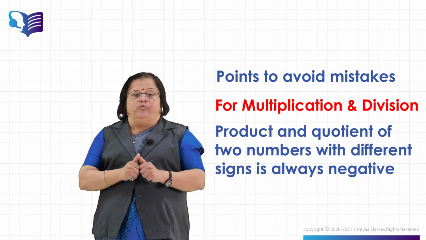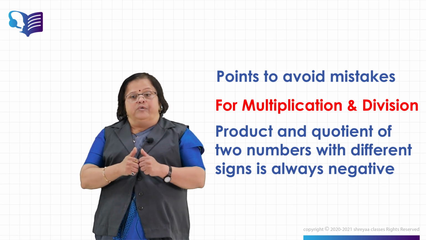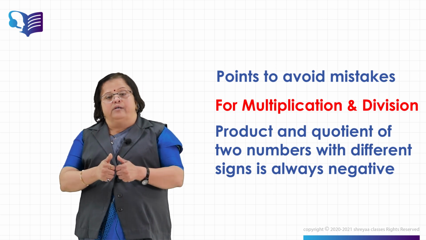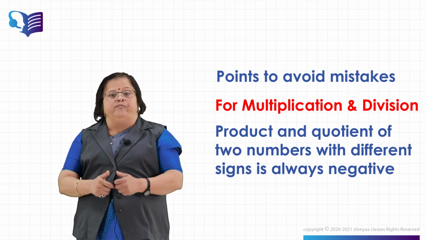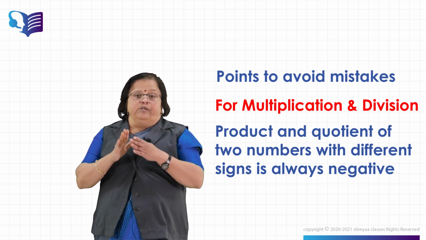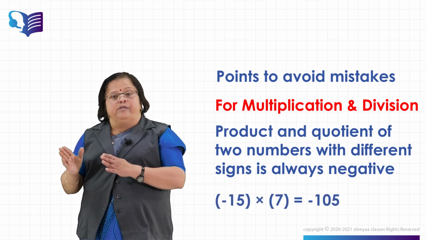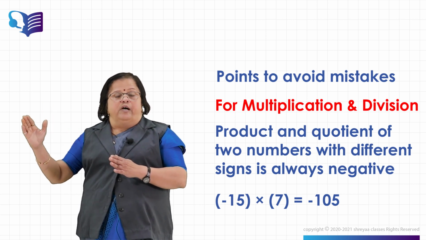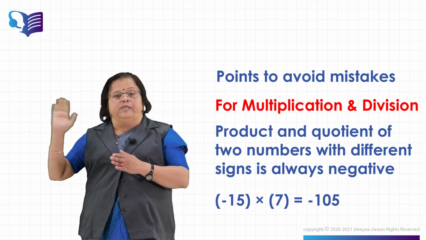Now the second rule is what? When the two numbers are with different sign, then the product as well as the quotient of these two numbers is always negative. Remember this. So if we take -15 multiplied by 7, here two numbers are with different sign, the answer will be negative, and 15 sevens are 105.